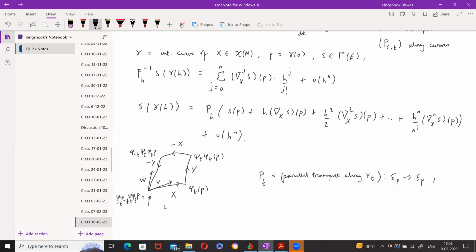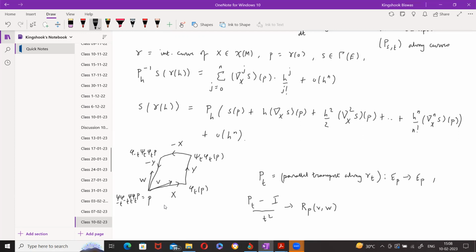Okay. And what I have is that PT minus identity over T squared converges to RP of VW.